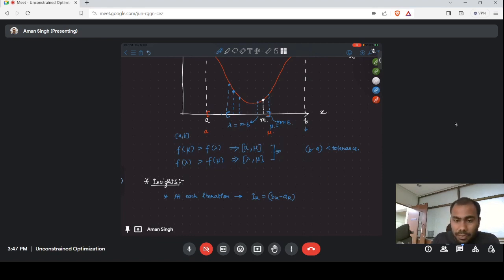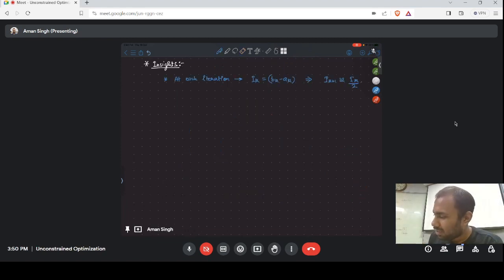This becomes half every iteration. So basically ik plus 1 is approximately half, not exactly half, because there is an epsilon involved. If epsilon is very small, then it almost becomes half at each iteration.